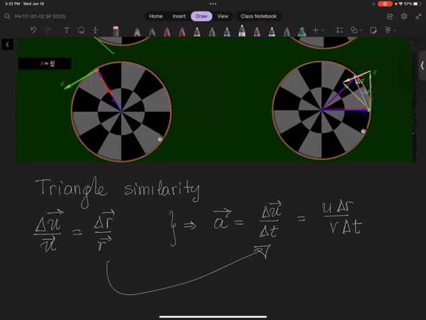You with me, guys? I just substituted. But hey, check this one out. What is delta R over delta t? You with me, guys? Here's the proof.